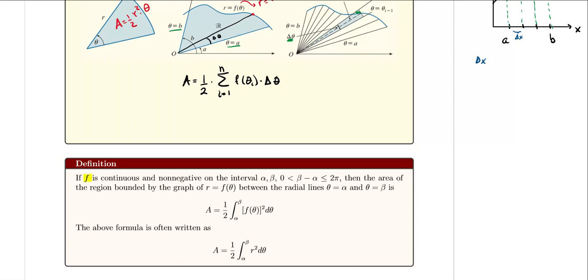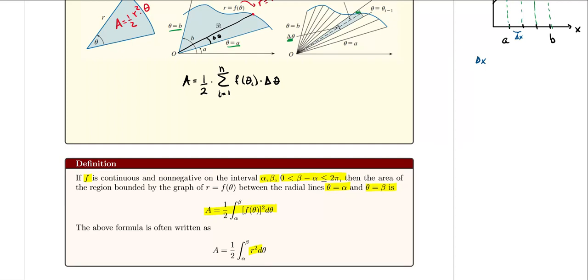If f is a continuous non-negative function on the interval alpha to beta, where beta minus alpha is greater than 0 and less than 2 pi, then the area for the region bounded by the graph of f of theta between the radial lines theta equals alpha and theta equals beta is given by the formula A equals 1/2 times the integral from alpha to beta of f of theta squared d theta, which could be abbreviated by using r squared rather than the function f of theta.